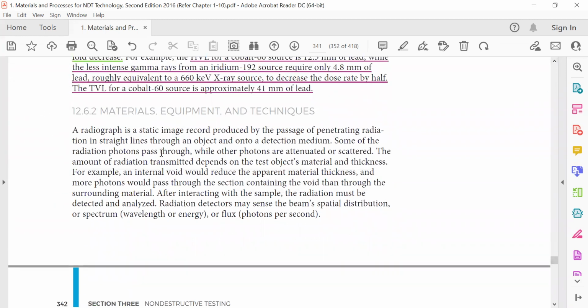The radiograph is a static image record produced by passage of penetrating radiation in a straight line through the object and onto the detection medium.